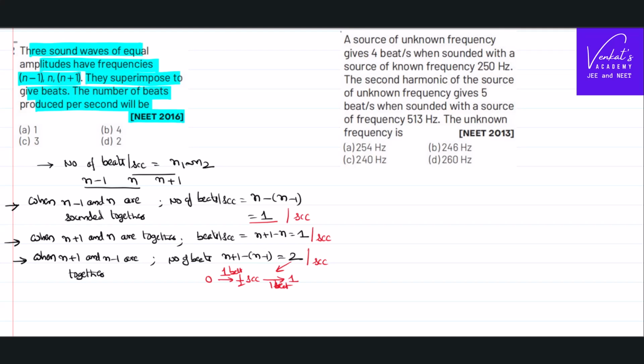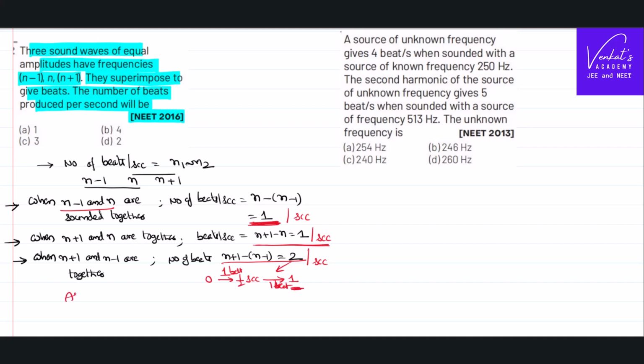So if you observe carefully, after 1 second this beat is heard between n and n minus 1, and this beat is heard between n plus 1 and n, and this second beat happens after 1 second.